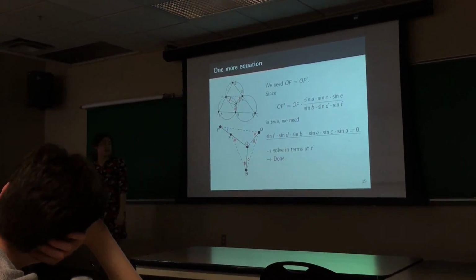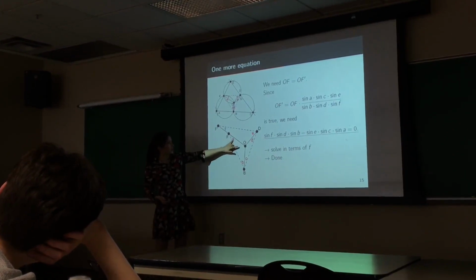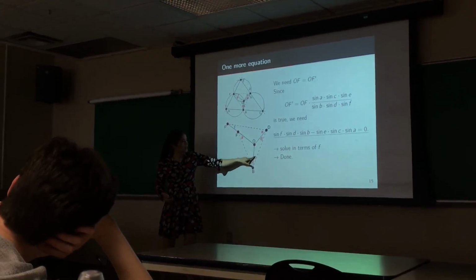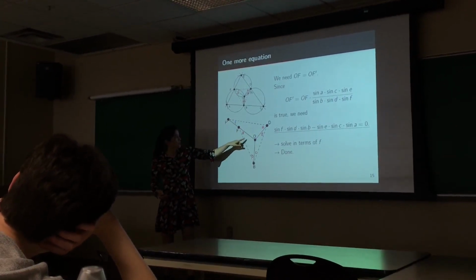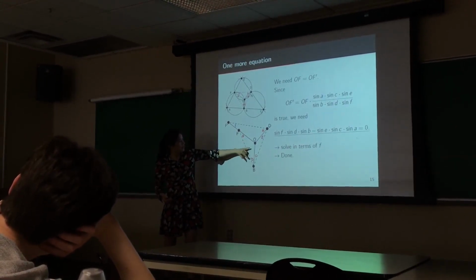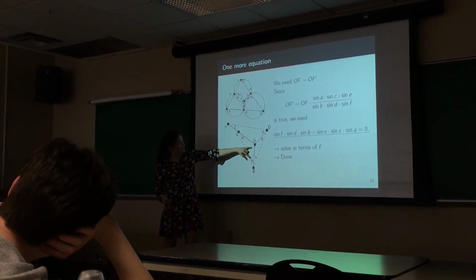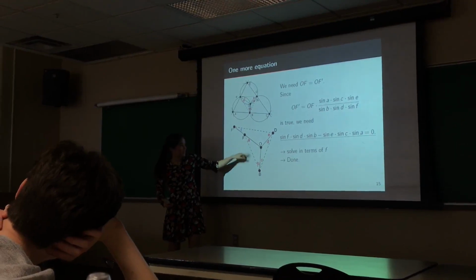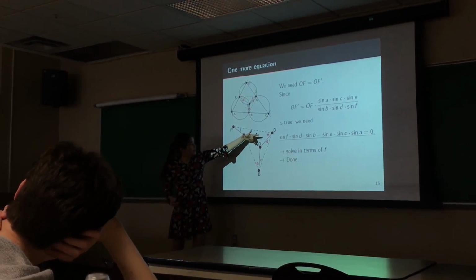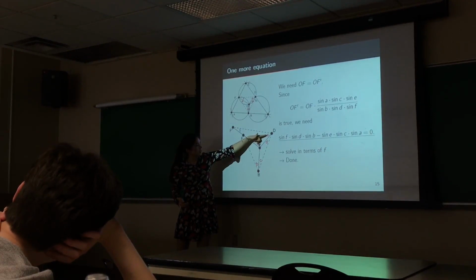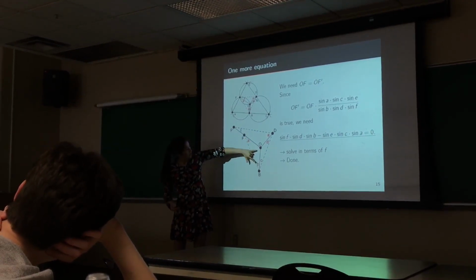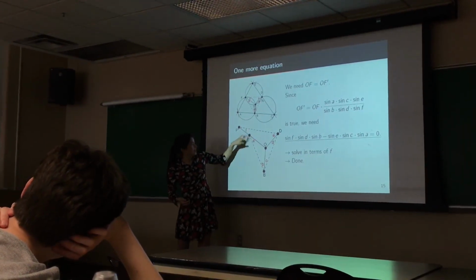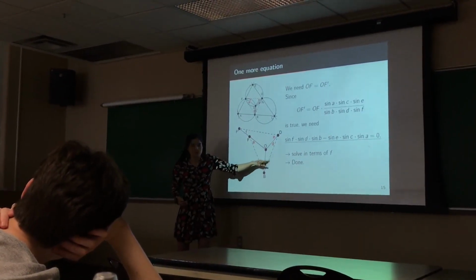What I mean by that is, let's say you knew the length of edge OF. Then by using these values of the angles, you can represent the length of the other edges. First you can represent the length of OB using the length of OF and the sine of A and sine of B. And similarly, you can express the length of OD by using OB and the sine of C and sine of D. So that means we can express OD with OF using the sine of these four angles.